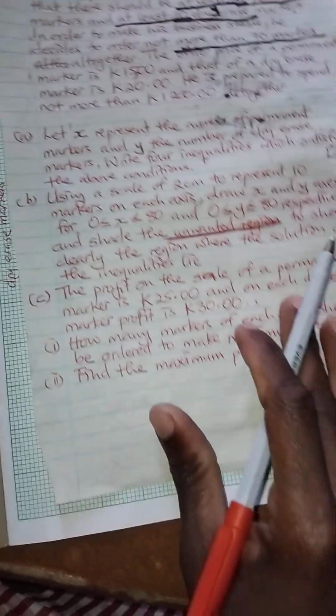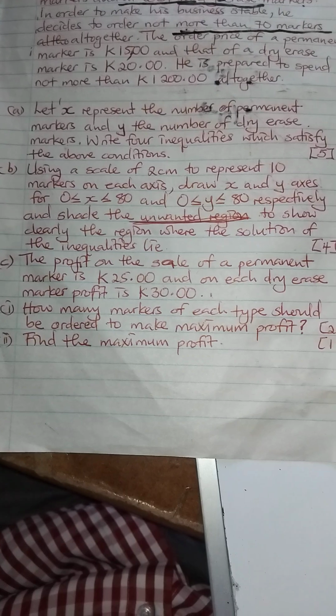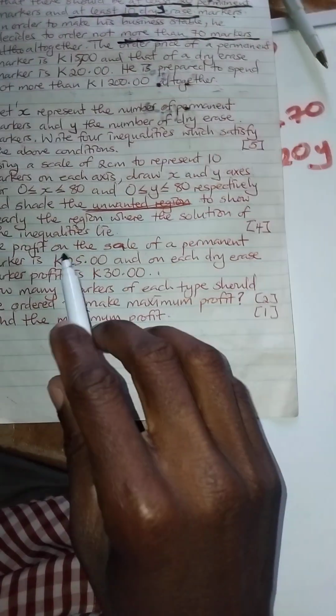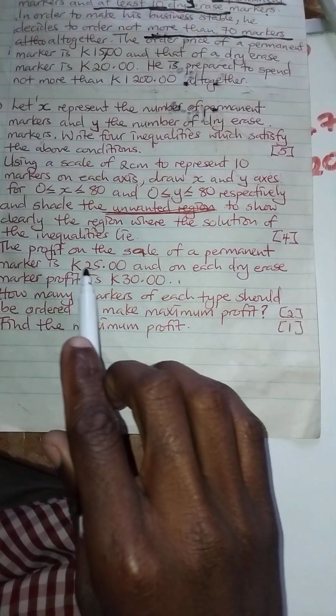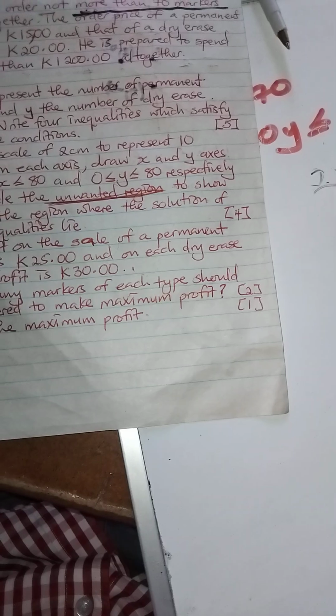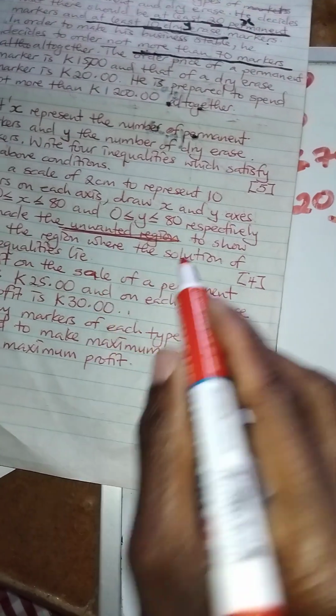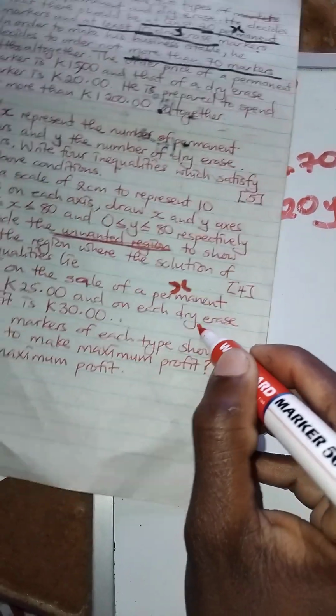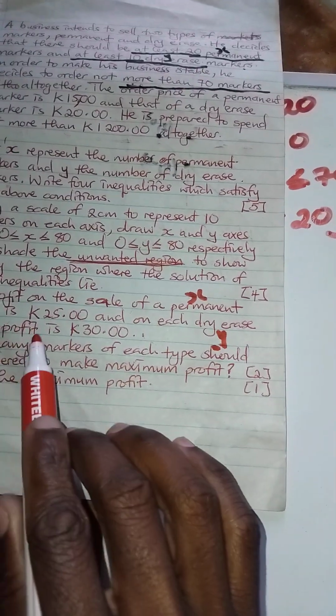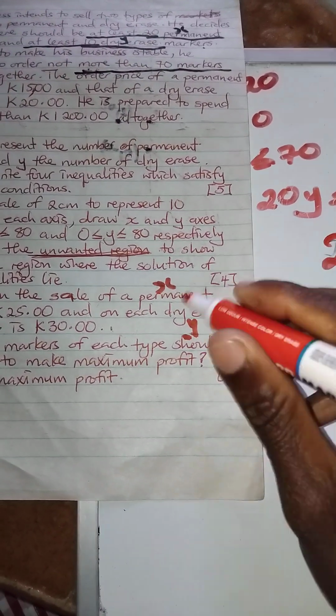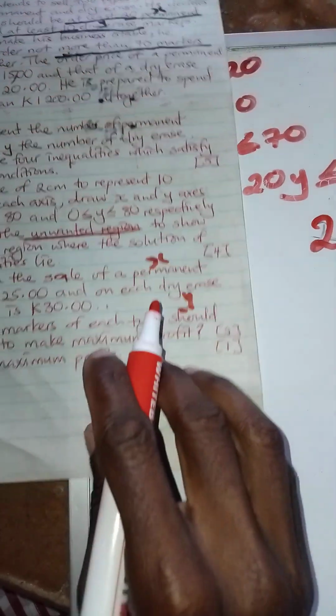So the profit on a permanent marker is 25x, and on each dry eraser marker it is 30y, giving 25x plus 30y.